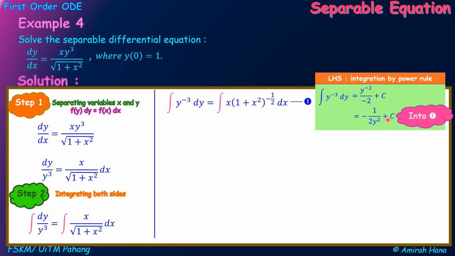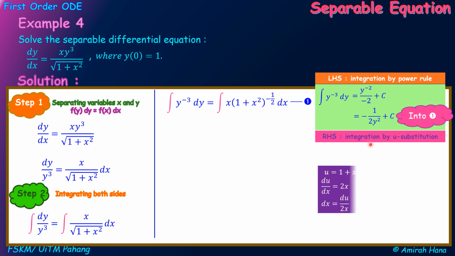And after that, we need to substitute into equation 1 here. For the right-hand side function, we need to use integration by u substitution. So when we use u substitution, we need to identify u. In this case, our u equals 1 plus x squared, the function in bracket.